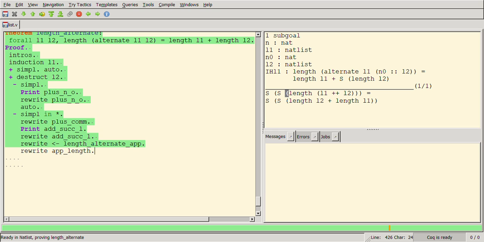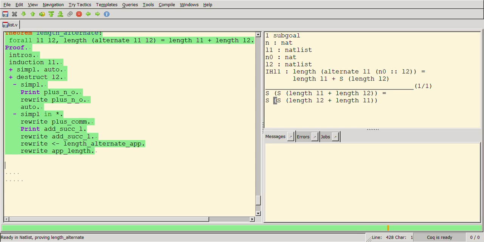Rewrite length append underscore length. Okay, so we got length L1 plus length L2, but here length L2 is first and length L1 is second, so the order is different. So I think we should not be able to close it with auto. Yes, we cannot close it.